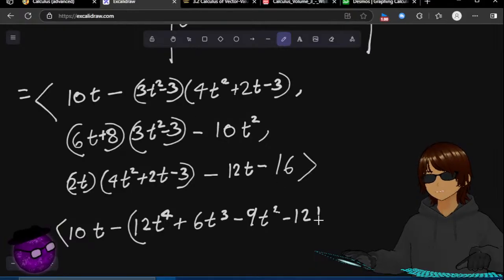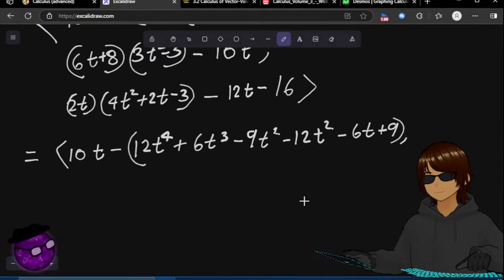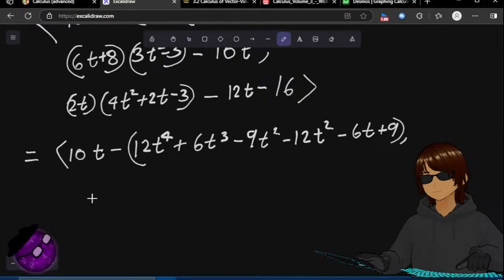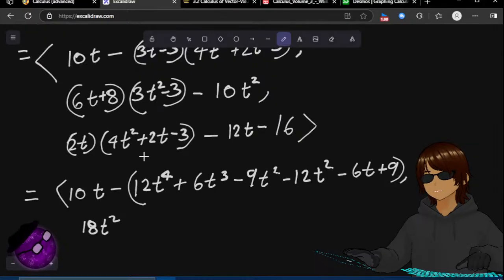Then 12t square minus 6t plus 9. Six times 3 is 18t square. Hold on, no. 18t cubed. So this times this is 18t cubed.